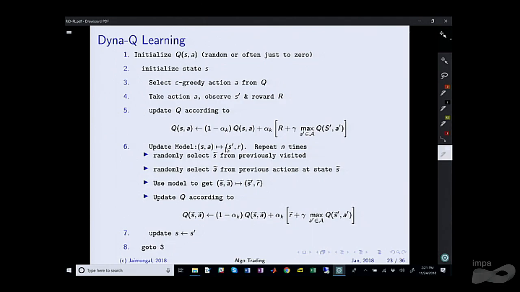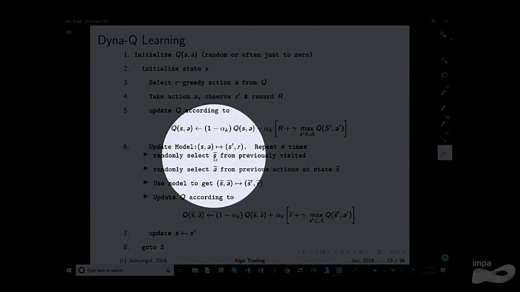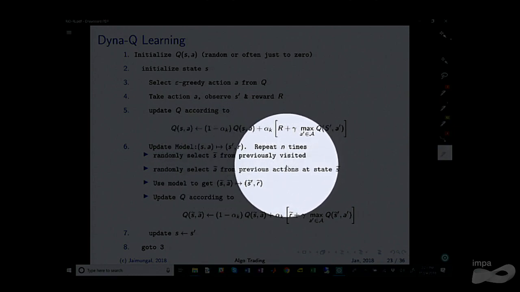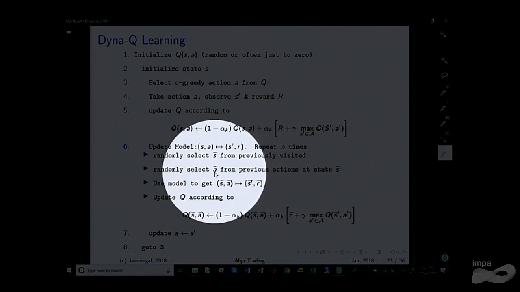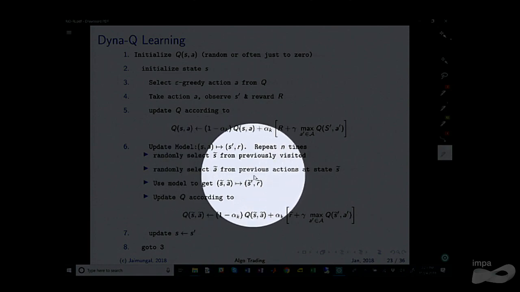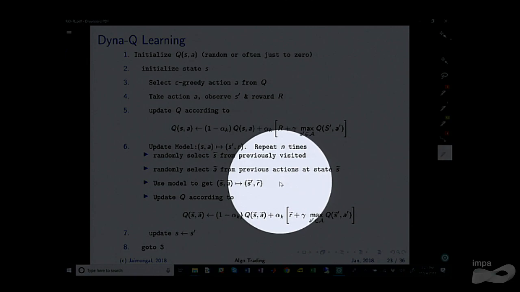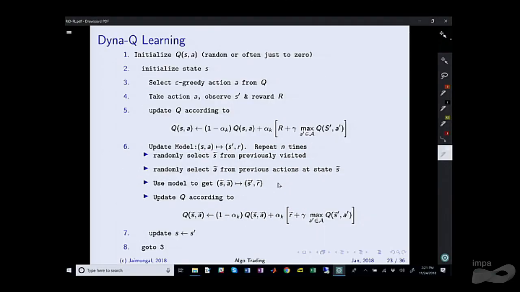And now, before you take your next action, you take actions on this toy model that's sitting there, which is the list of actions you've taken before and the states you got to. So you randomly select a state from your previously visited states, from your replay buffer, as it's sometimes called. You randomly select an action that you took when you were at that point in space, because of course you may get back to the same state and take a different action, in which case you got different rewards.